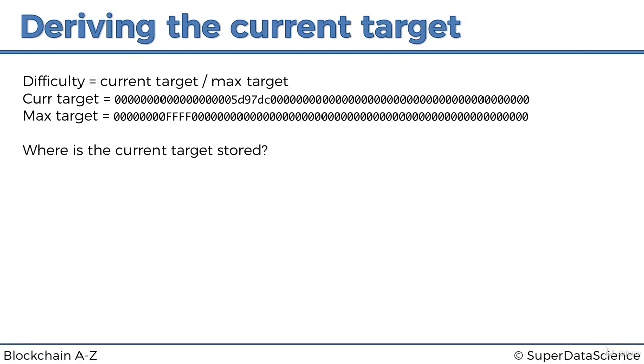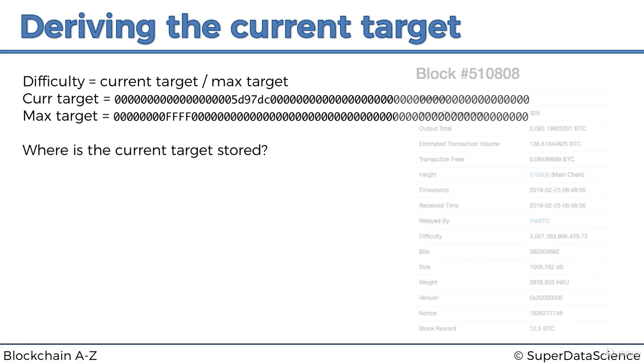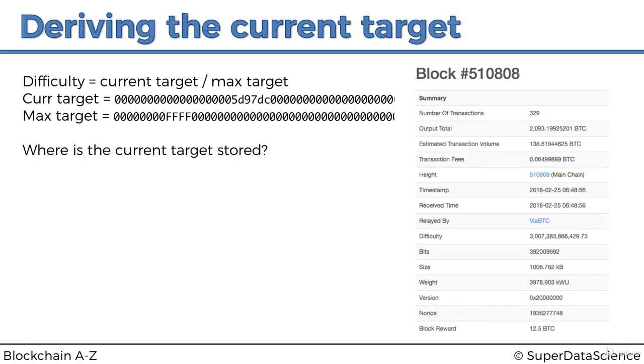So where is the current target stored? Well, if we look at an example of a block, you will see it has a field called bits. That's part of the information that's stored in the block. And see, there's no field called target. There's no actual hash target here, but they do have this field called bits, and it's not the size or anything.